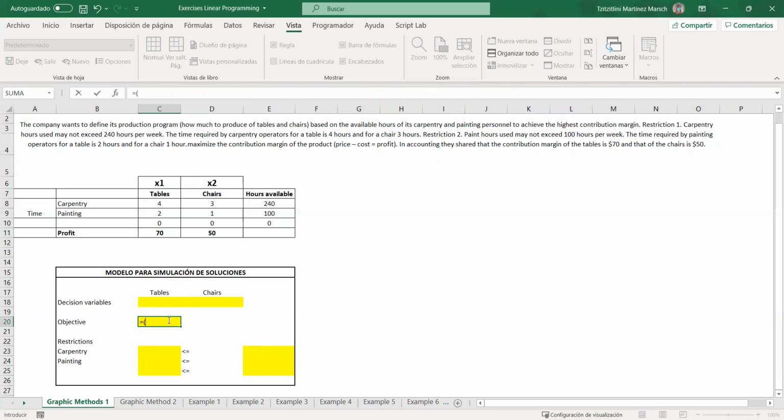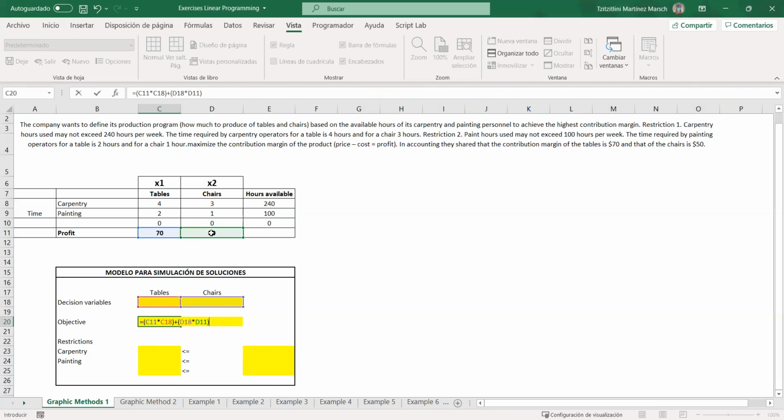It's always wise to remember to put parentheses just in case. So we're going to put 70 times the number of tables plus 50 times the number of chairs.